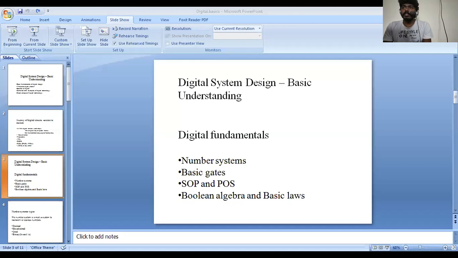Today we can see some basics of digital system design. From the basics, we have some basic fundamentals. In order to know digital system design, we should know these basic fundamentals, right?